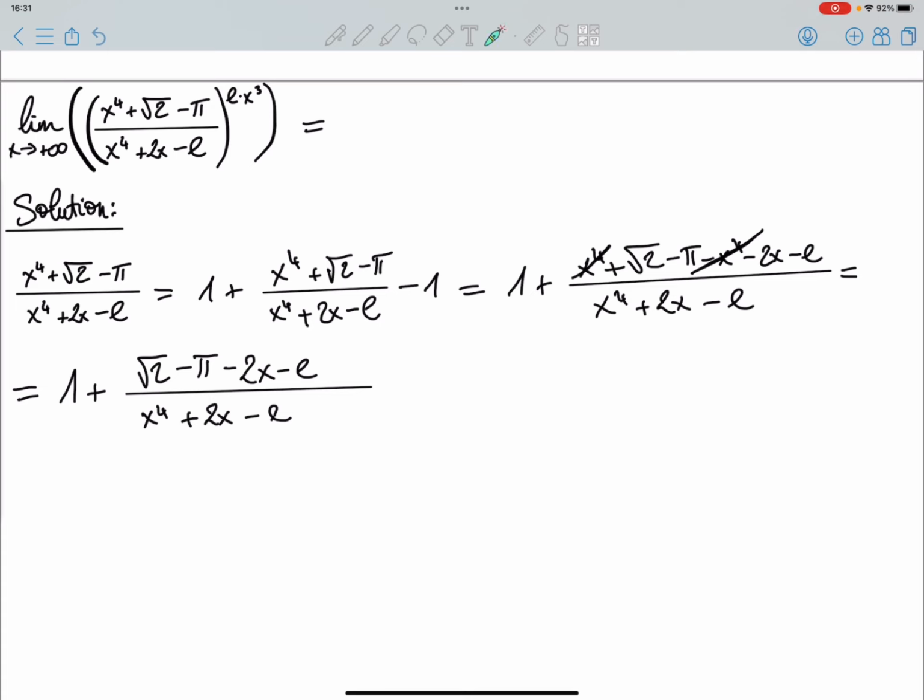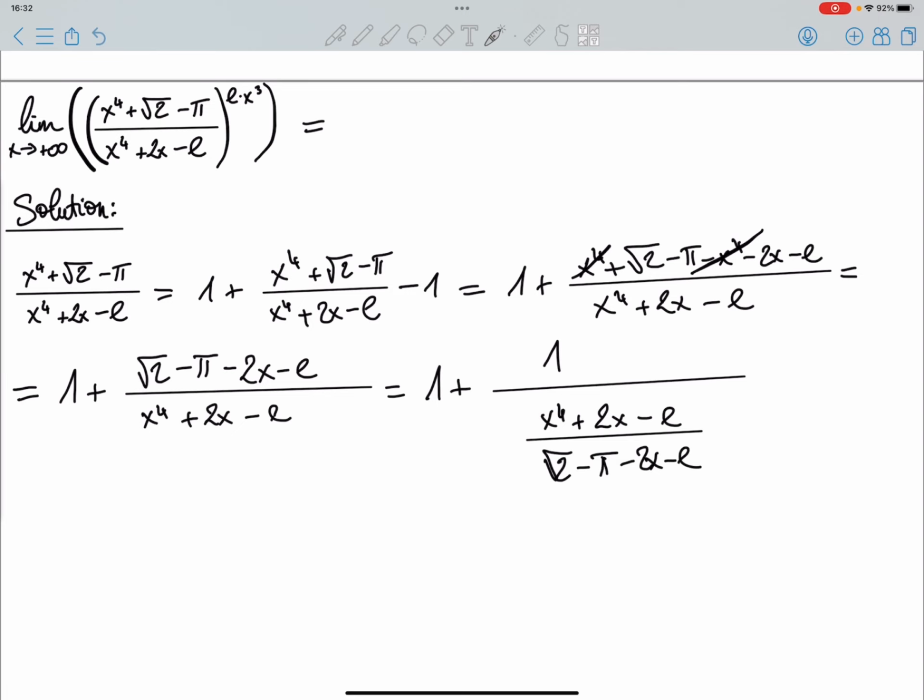Now we are going to write this as 1 over the inverse. So this is equal to 1 plus, and then we write 1 over the inverse of the fraction, so we flip this fraction. On the numerator we have x to the power 4 plus 2x minus e, and on the denominator we have square root of 2 minus pi minus 2x minus e.